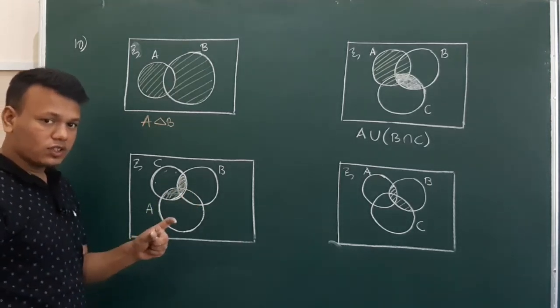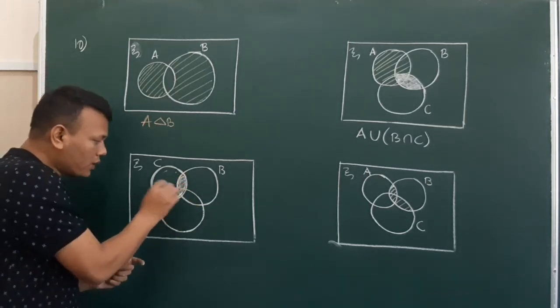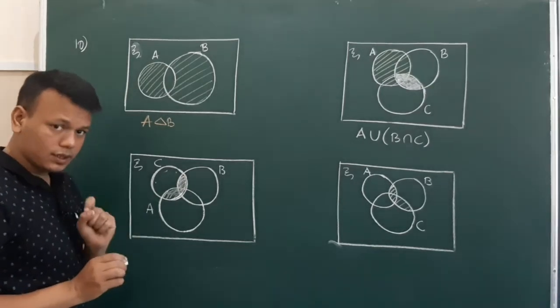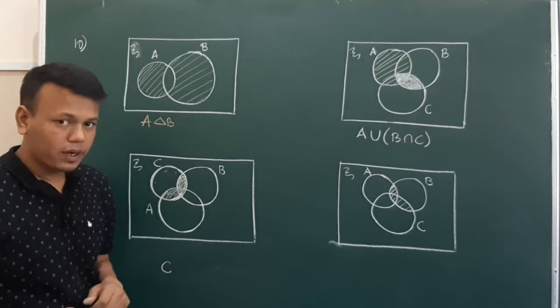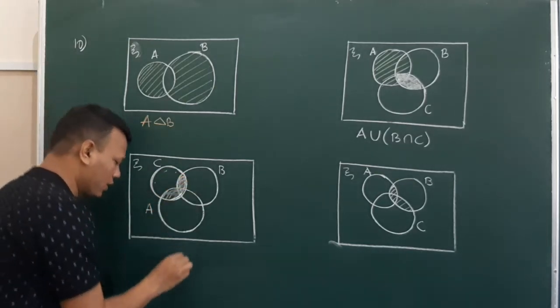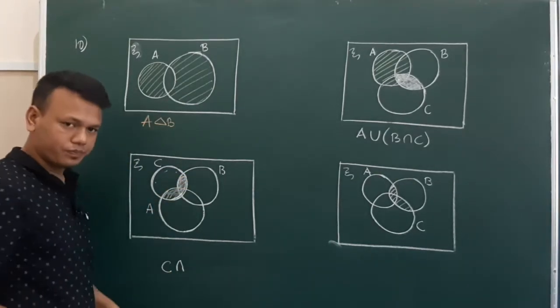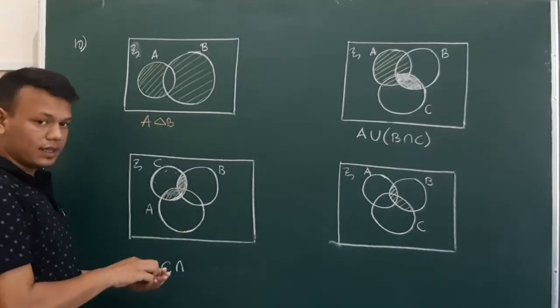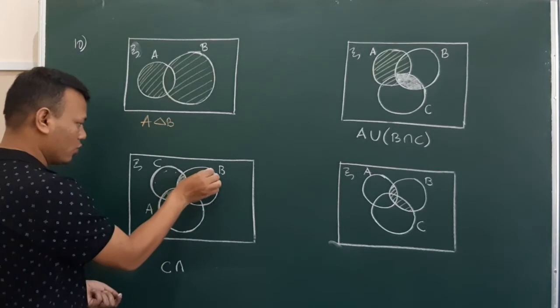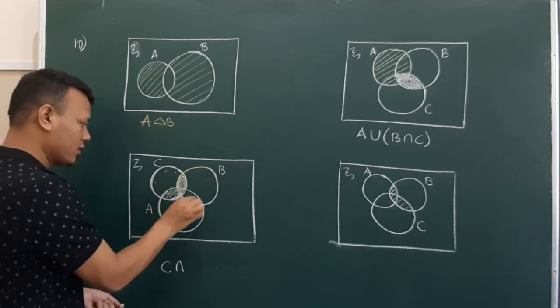So that means what is happening here? Some common part is taken for C, isn't it? So I am taking C, and since you are taking the common part, that is only this much part, I am taking intersection out here. Now intersection with what? Let's see what we get out here. So we have got the other set to be this much.